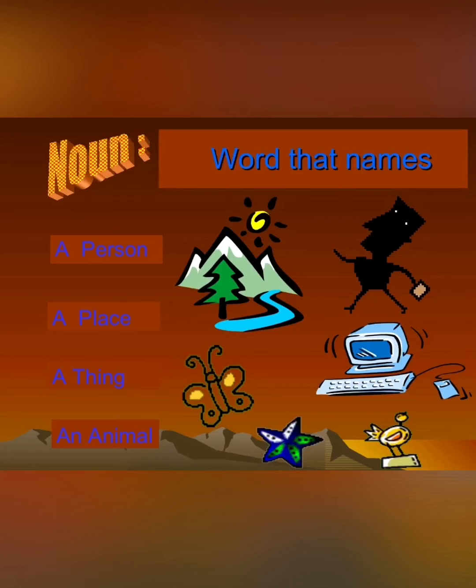Firstly, we have noun. Well, a noun is the name of a person, place, animal, or thing. They can take on a myriad of roles in a sentence, from the subject of it all to the object of an action.